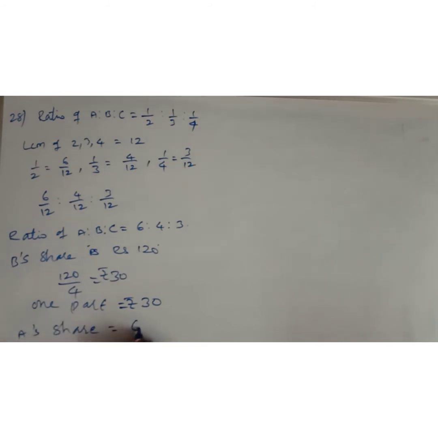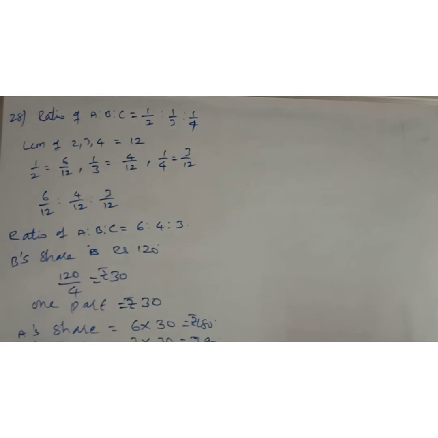A's share is equal to 6 into one part, that is 6 into 30, which is equal to 180 rupees. And C's share is equal to 3 into 30, which is 90 rupees. So C is going to get 90 rupees and A is going to get 180 rupees.